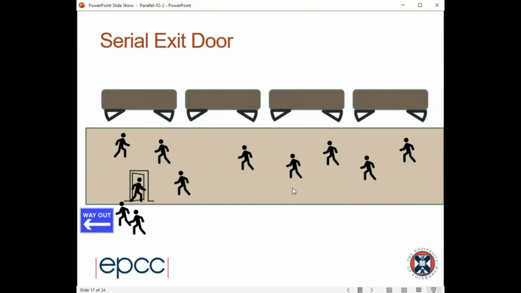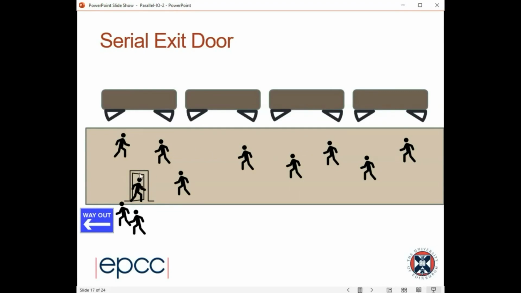Well, let's look at one example. A serial exit door is where you store the file on a single OST. It doesn't matter how many nodes you have, how many people you have writing, or how capacious your platform is.